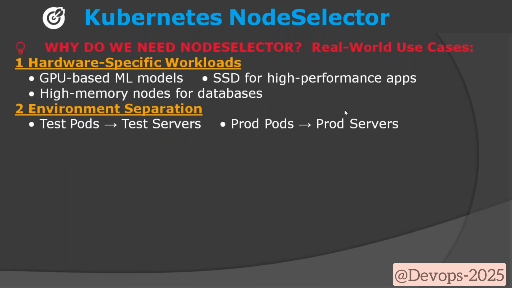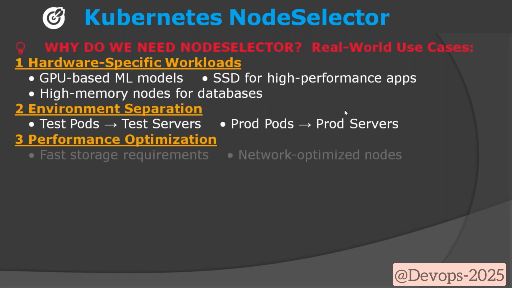Then scenario 3, performance optimization. Your high traffic application needs SSD storage to speed up the application. You must ensure it runs only on the SSD node. In this scenario also we can use NodeSelector to label the node and deploy that application.